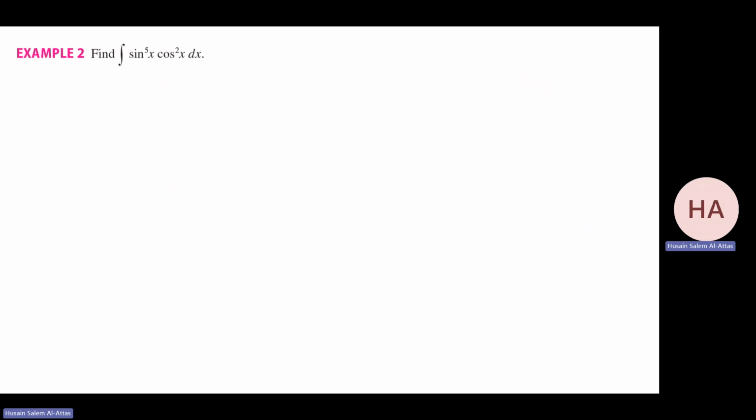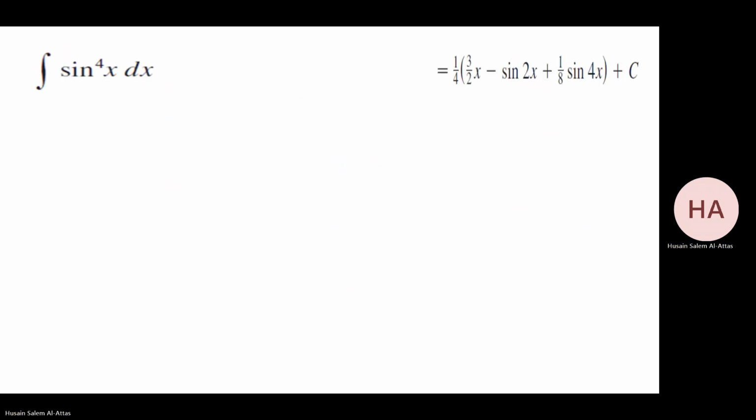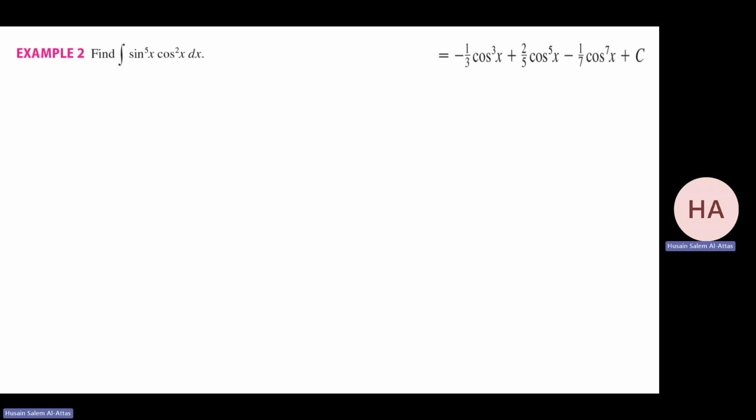Okay, sine to the power 5 cosine squared. Let me do these two problems, then I'll stop. Now I have the odd power. When you have the odd, you can do it easily. That will be cosine to the power 4 times cosine squared times sine x dx.